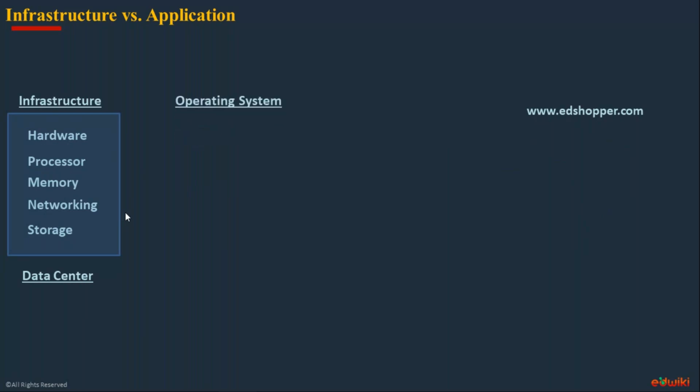Once the infrastructure is ready, it does not mean that it is capable of serving the website for my customers. Because when I say infrastructure, mostly it will be a hardware level configuration. You bought a hard disk, a memory like the RAM, a processor, all the hardware devices. They will not be working just like that.